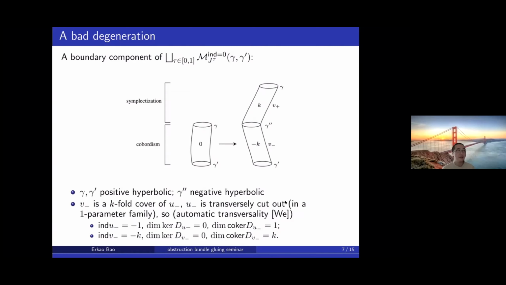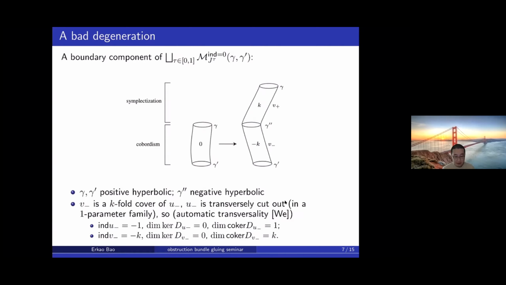So for U minus, this is the same phenomenon you see in Morse homology. If you try to show the Morse homology is independent of the Morse function, and you look at a one-parameter family of Morse trajectories, then you see some Morse trajectory increase the index.